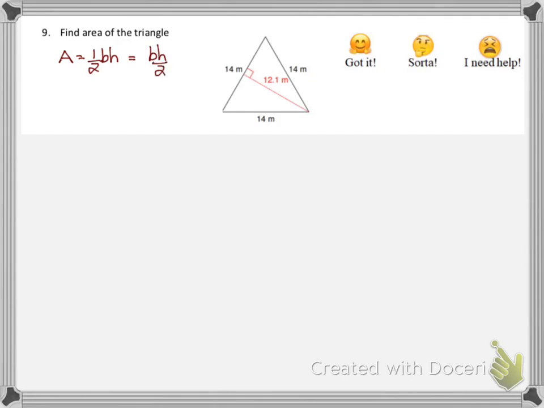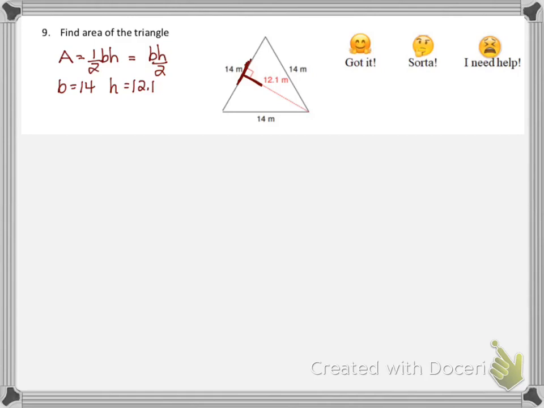These are both equivalent. And if we were to look at the triangle, the base ends up being 14 and the height is 12.1 because the height is perpendicular to the base. Here's the base, here's the height. All right?